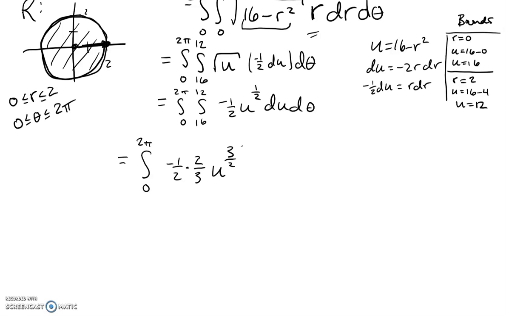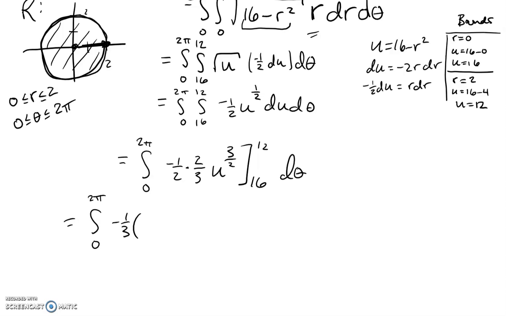U to the 3/2. That's going to get evaluated from 16 to 12. And this is still d theta. So we're going to have the integral 0 to 2 pi. We really have a negative 1/3. Because those 2's canceled out.